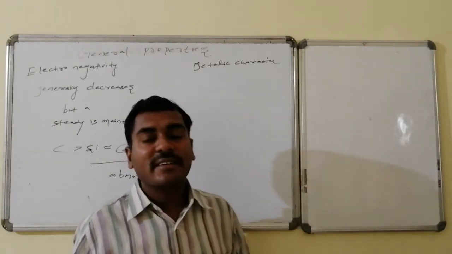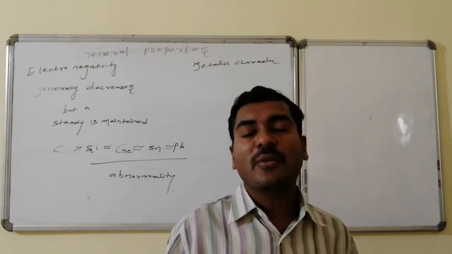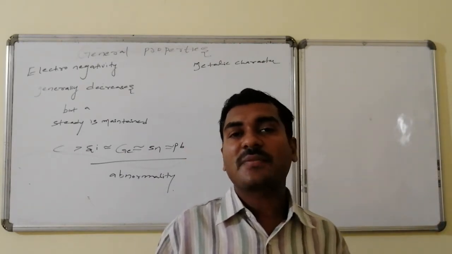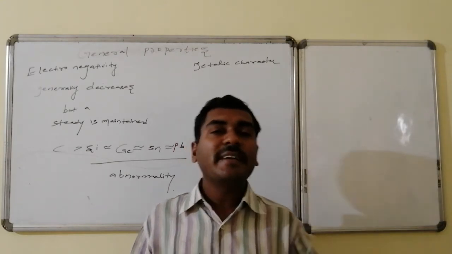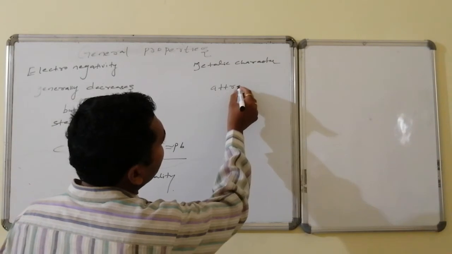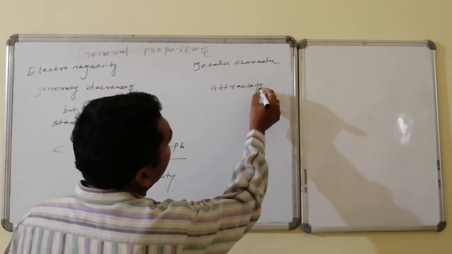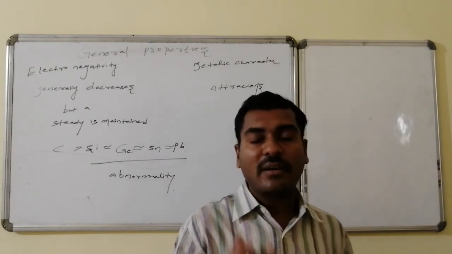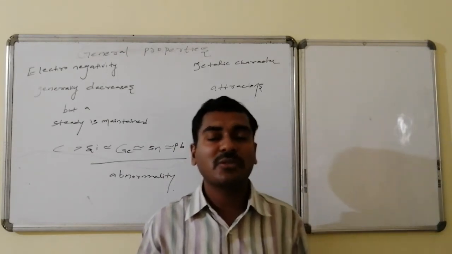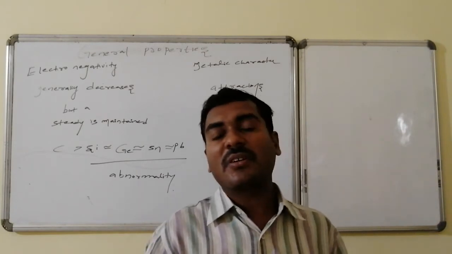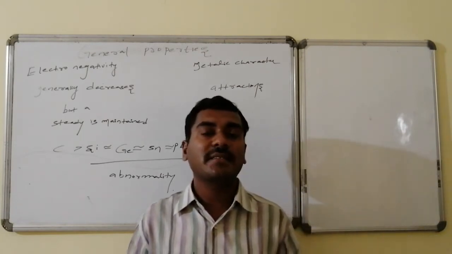Metallic character, the ability to donate electrons, is the reference for the metallic nature. And it depends on what? Attractions. The deciding factor for the metallic character is the attraction of the nucleus over the outermost orbit, and this depends on the radius. Radius goes on increasing, so therefore attraction decreases.